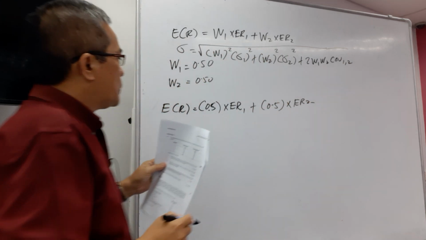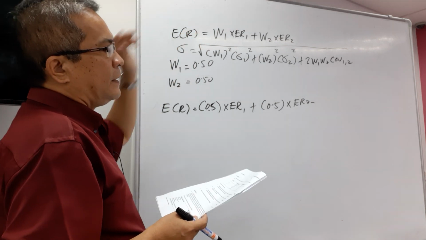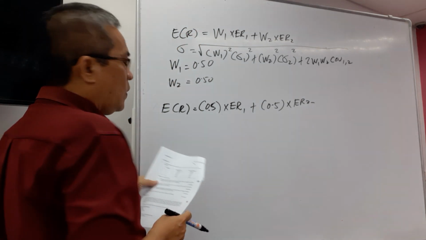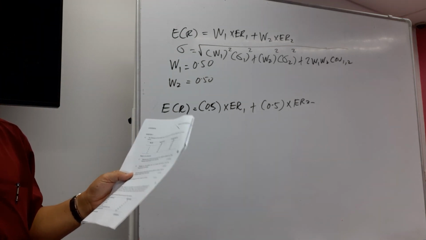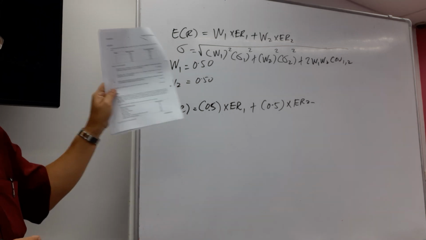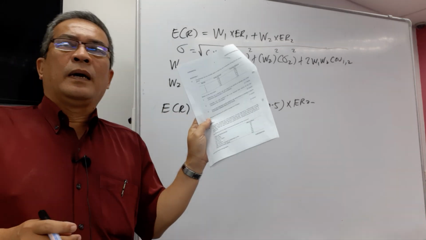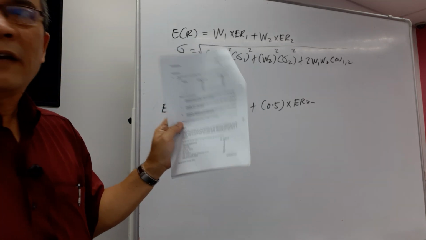Okay. So how do we calculate the expected return of Kailis? Actually, the more accurate term is average return, because there's no probability distribution here.